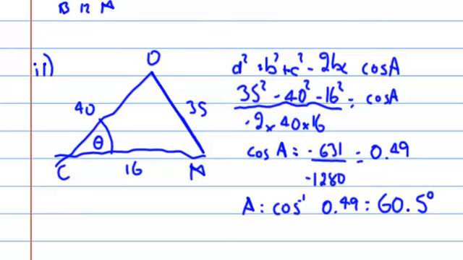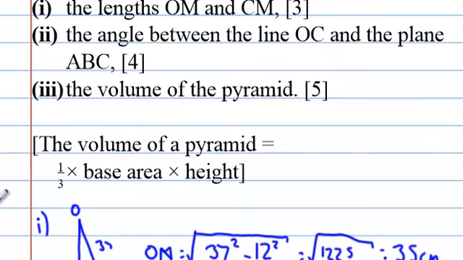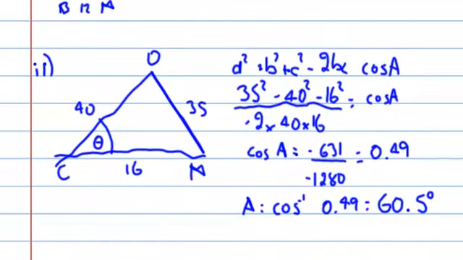For part 3, the volume of the pyramid, and we're told the volume of a pyramid is 1/3 of the base area times the height. So we need the height, so we'll imagine another triangle that's in that diagram. We know that angle is 60.5. I want the height.